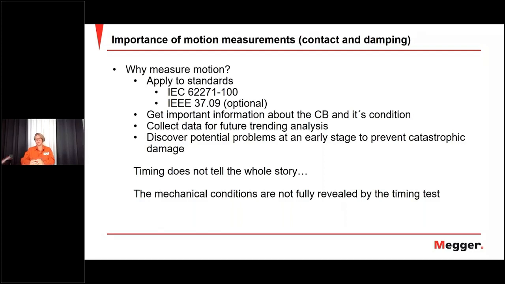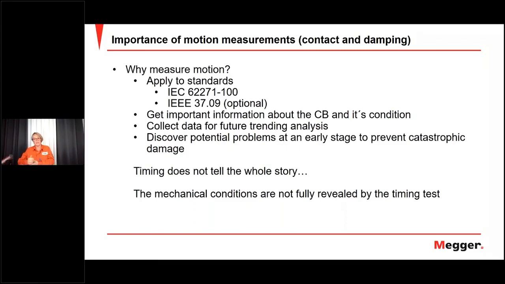And you want to discover this kind of problems early so you don't get explosions or other catastrophic damage. So what I'm trying to tell here, the timing and coil current doesn't tell the whole story. So doing this mechanical test is the way to fully reveal the problems in the circuit breaker.